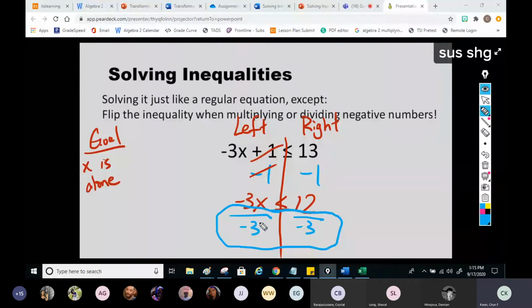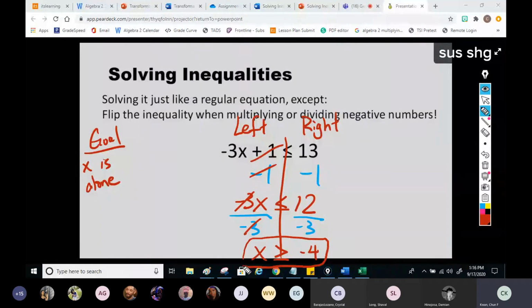When you divide by -3 on both sides, you will cancel these out, times -3 and divide by -3, they will cancel out. You will carry down the x, so finally your x is alone. But then right here, it becomes a greater than. You will flip the sign when you divide by a negative number. And then 12 divided by -3, you are going to get -4. So that would be the answer for this inequality.